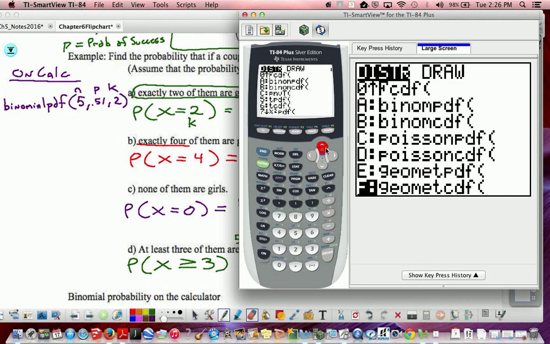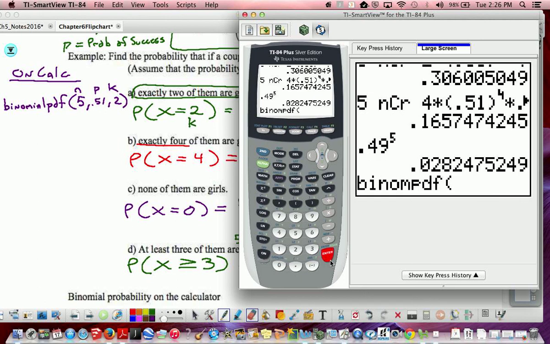But what you have to do is keep on scrolling, and if you scroll down, there's binomial PDF and CDF. What's the difference between them? Again, PDF is the equals, CDF is the less than. So CDF is cumulative, it sums a bunch of them together. So this one I want equals. So 5, comma, 0.51, comma, 2.